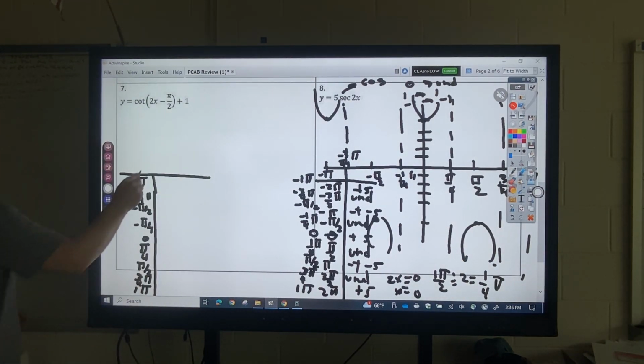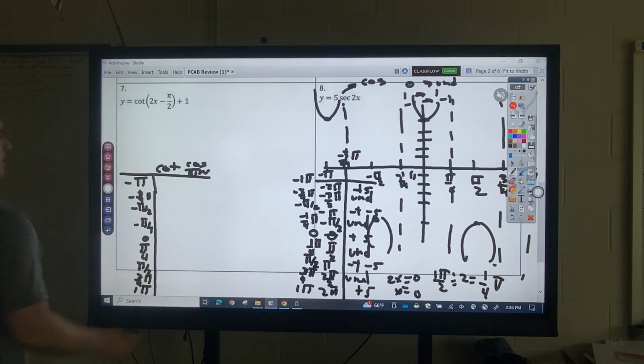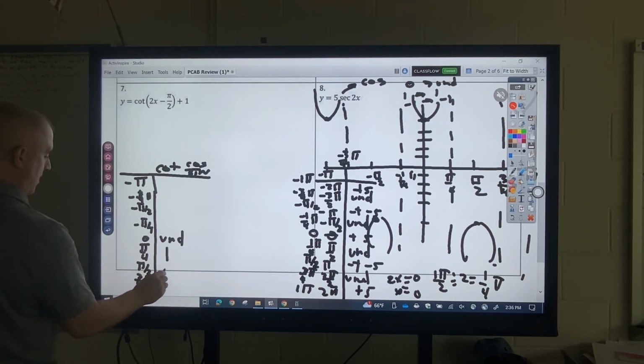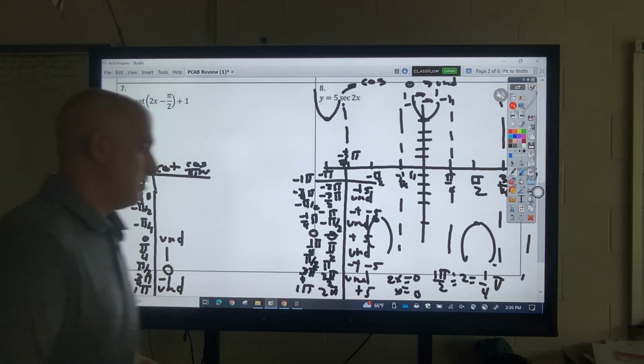So I'm using cotangent. Cotangent of 0, that's cosine over sine, just as a reminder, would be 1 over 0, which would be undefined. At pi over 4, it's 1. At pi over 2 would be 0. This one would be negative 1. This one would be undefined. This one would be 1.